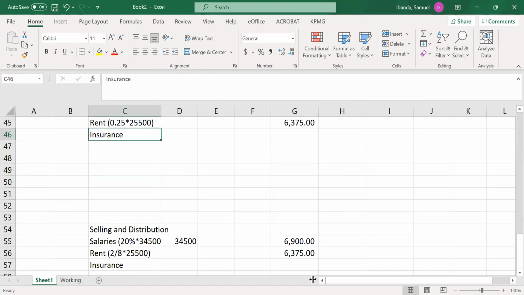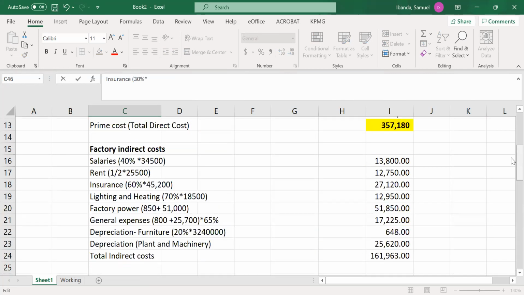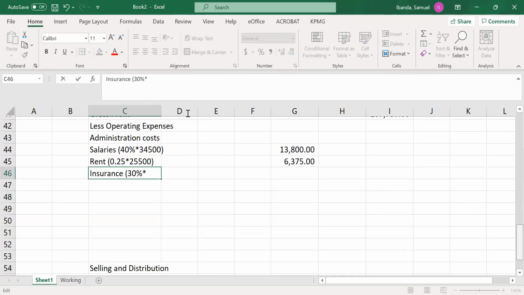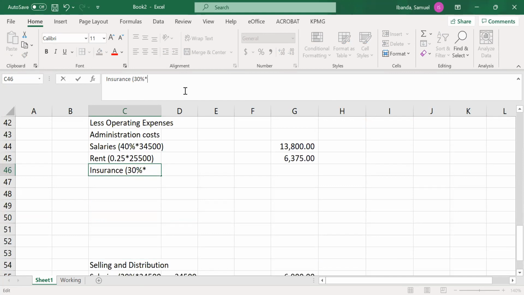Based on what they have given us, insurance is 10% for selling and distribution, and then we have 30% for administration. So this is 30% times our so-called 45,200. That is what we have.